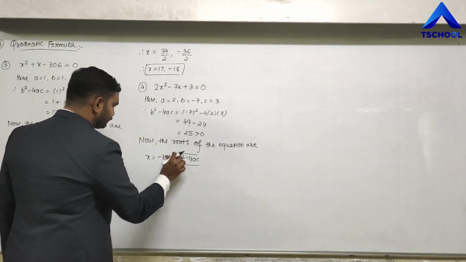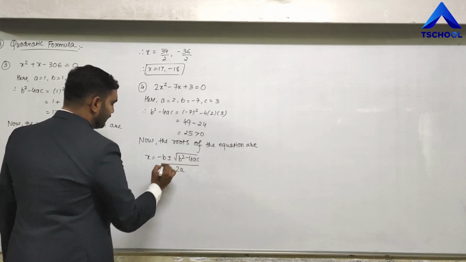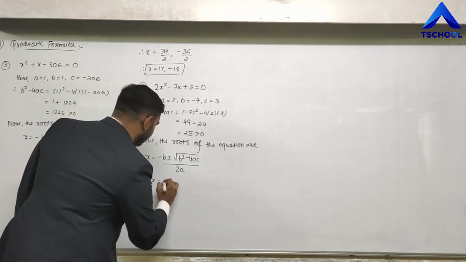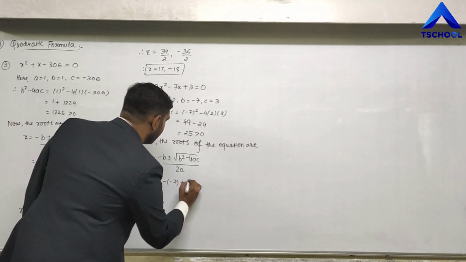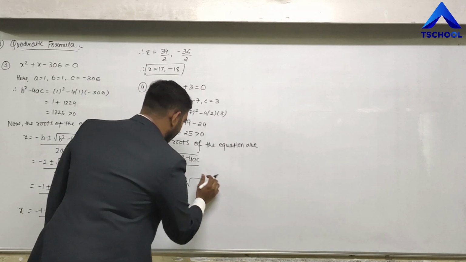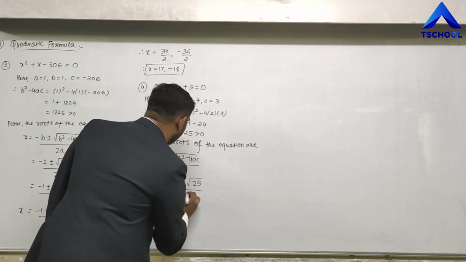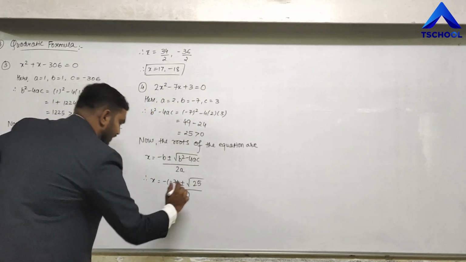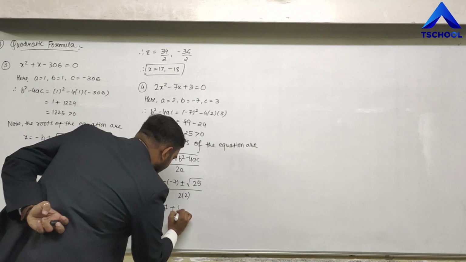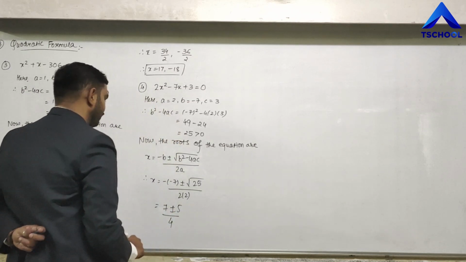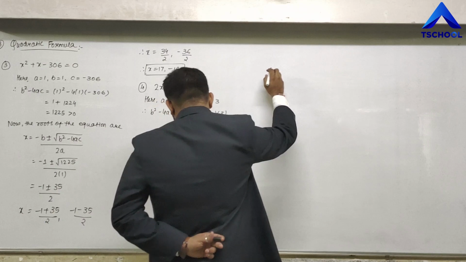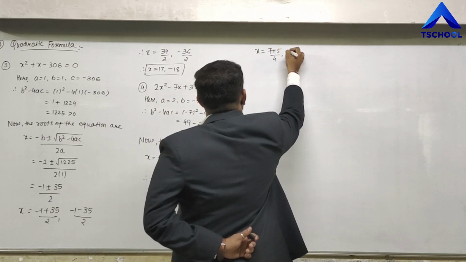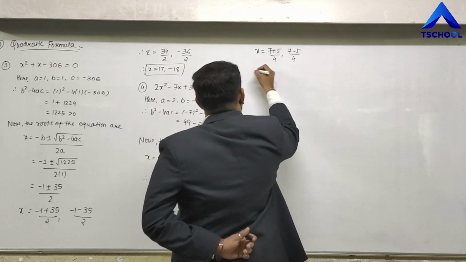Therefore, x equals minus b, that is minus of minus 7, plus or minus root 25 upon 2a, that is 2 into 2, which gives me 7 plus or minus 5 by 4. Hence, x is equal to 7 plus 5 by 4 and 7 minus 5 by 4.